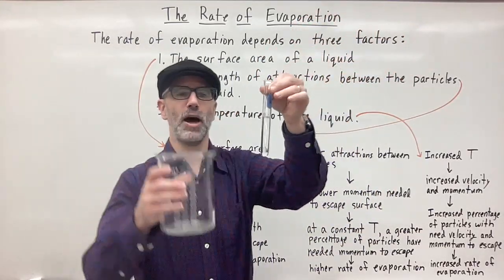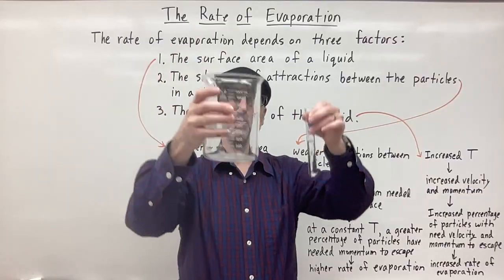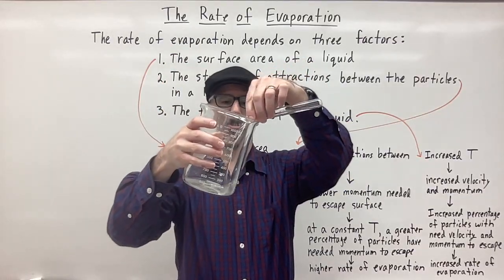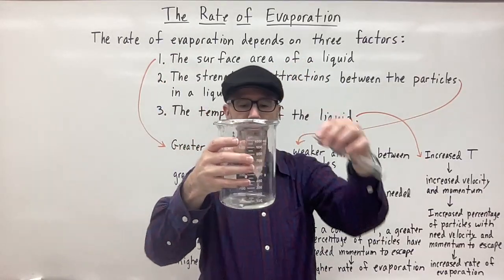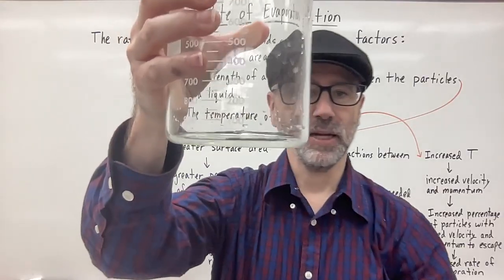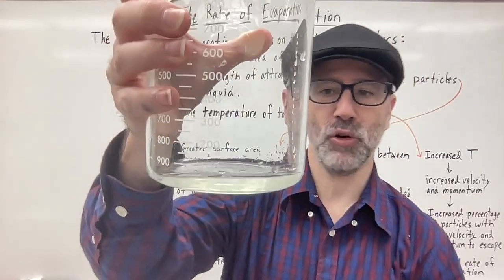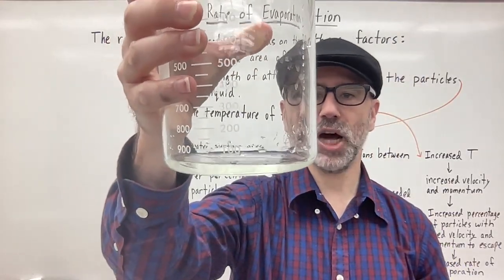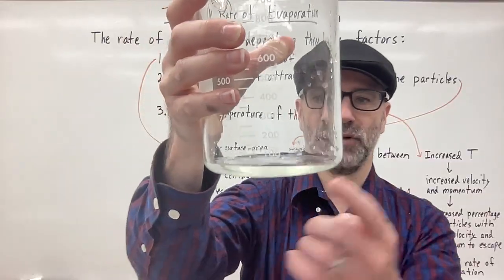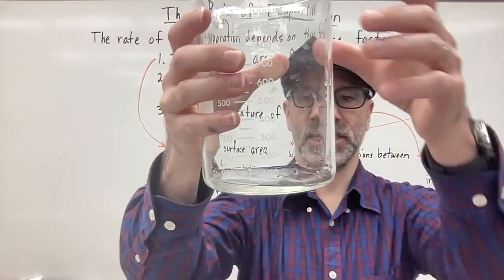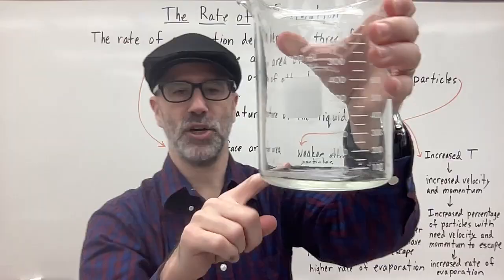Now here I have a very large beaker. If I pour the water into the beaker, now look at that surface area. There's just enough water to cover the bottom of the beaker, and now you have all of that surface area.